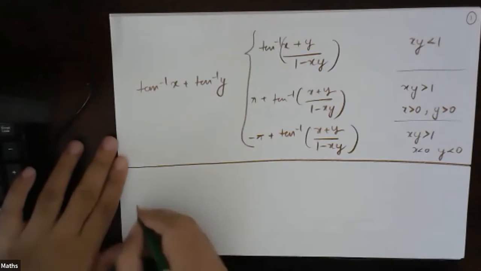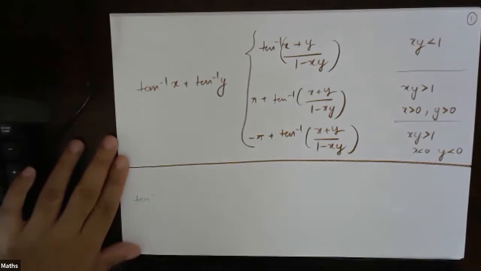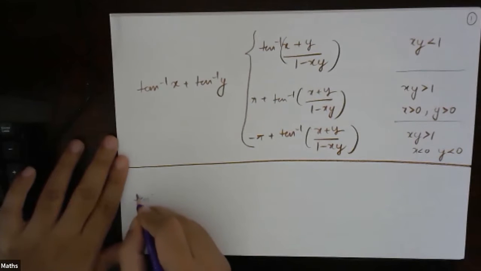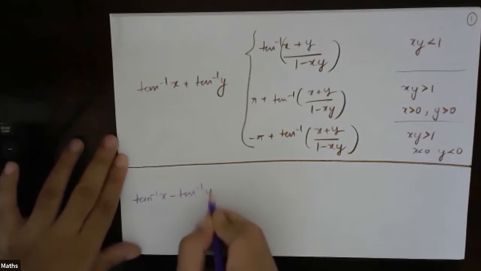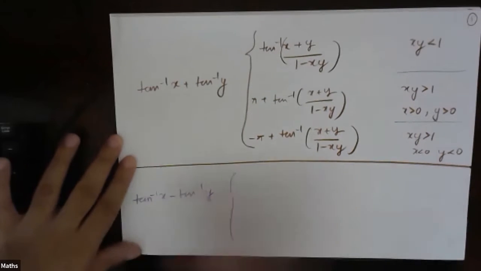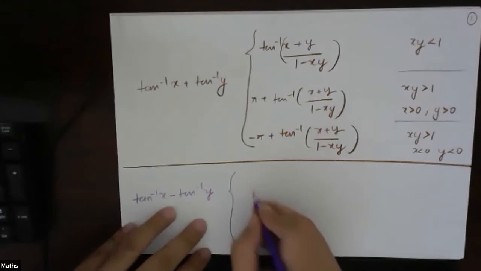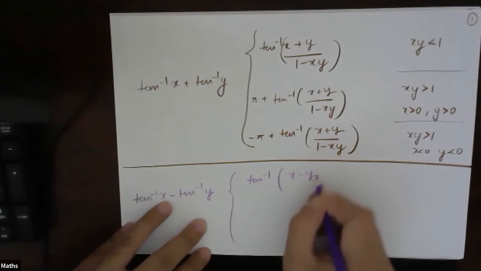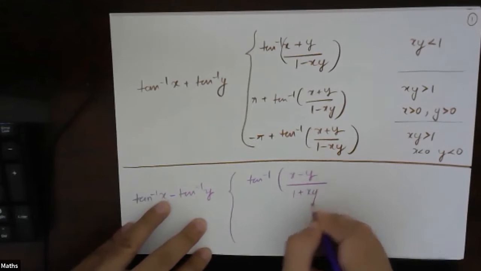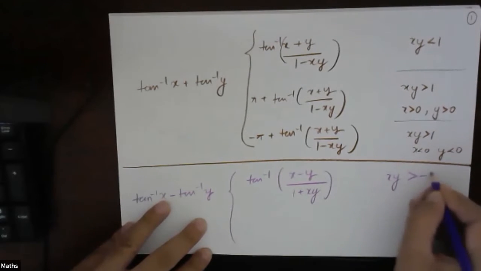the second property we had was tan inverse of x minus tan inverse of y will be tan inverse of x minus y upon 1 plus xy if xy is greater than minus 1.